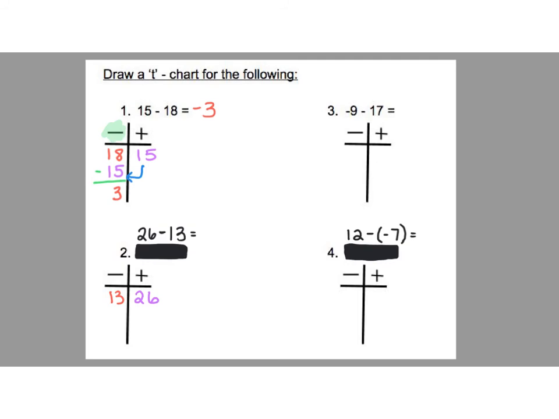I notice that the 13 is smaller than 26, so I'm going to swing that number to the right-hand side. And now I need to subtract these two numbers. 26 minus 13 is 13. The 13 is in the positive column, so my answer is positive. So 26 minus 13 is positive 13.